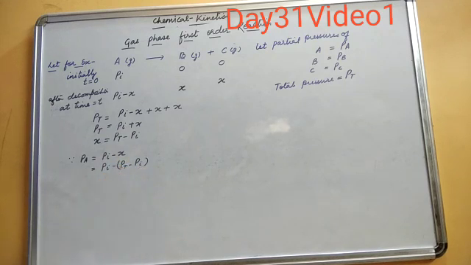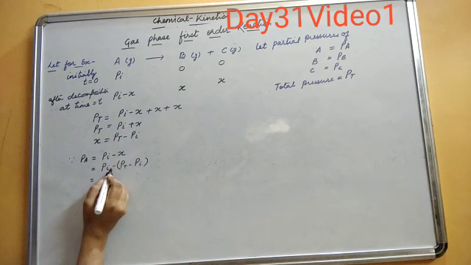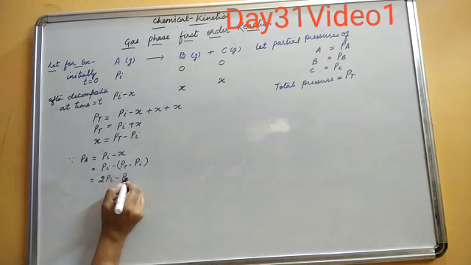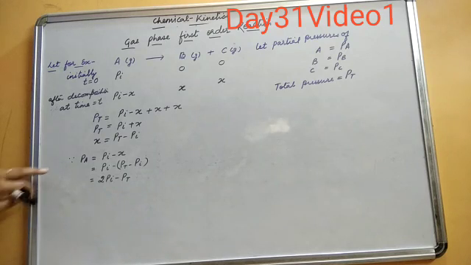This is a minus sign, so this becomes 2Pi minus Pt. This is the partial pressure of A.